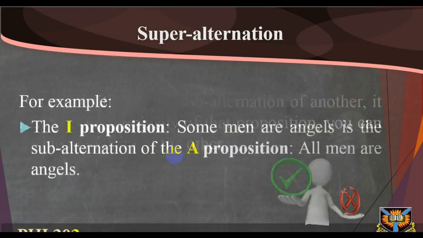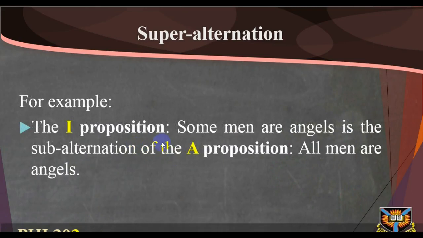For example, the I proposition, some men are angels, is the subaltern of the A proposition, all men are angels. Similarly, the O proposition, some men are not angels, is the subaltern of the E proposition, no men are angels.